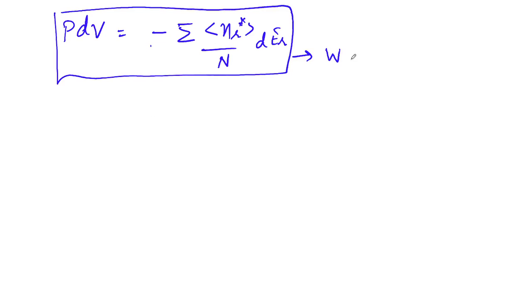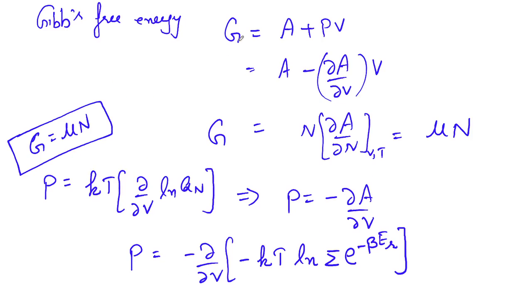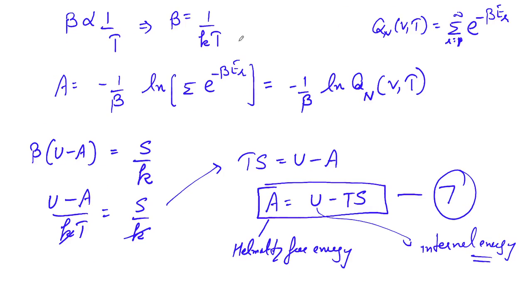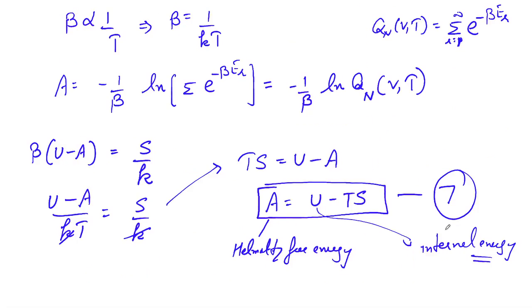Because it is negative, it means that it is the work done on the external agency by the system of ensemble. So you have counter checked your derivation. This is the same derivation which we derived in our equation number 6. I think now you will get a clearer picture of this. This is the same equation that we derived, that is equal to work done.